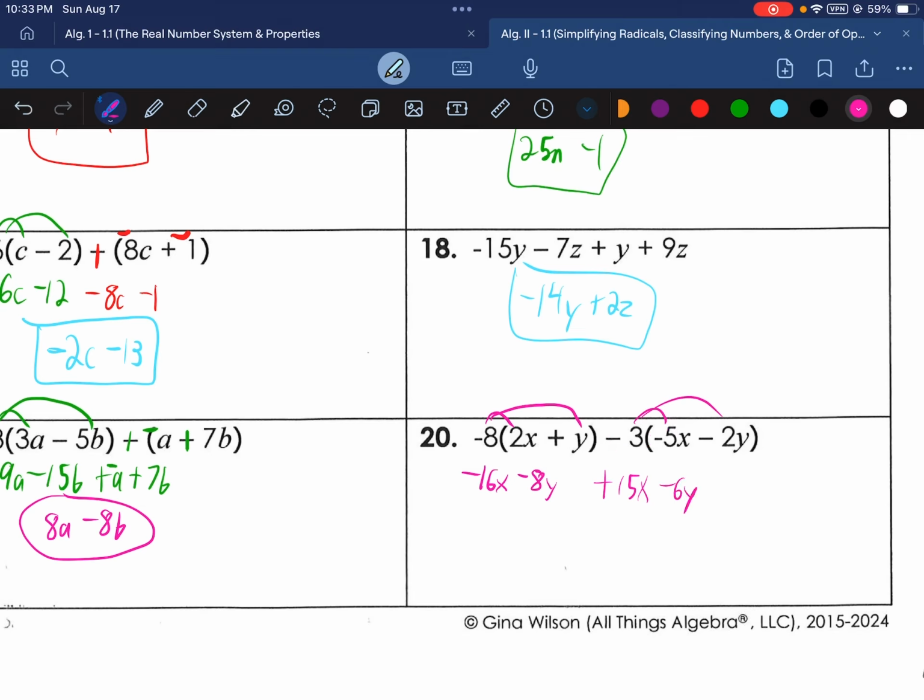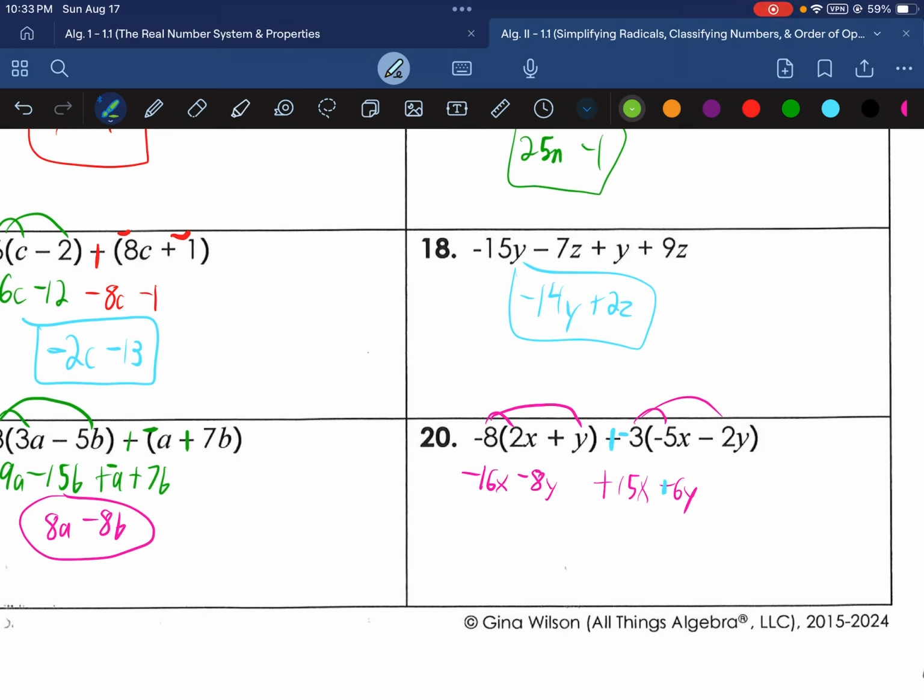But on this next one, we might lose track of that and call it a negative 6y, which would be incorrect. What might be helpful to us is to make this plus a negative 3. That way we make sure we note that it's a negative 3 times negative 2y, ending up with positive 6y. Gotta be careful there.